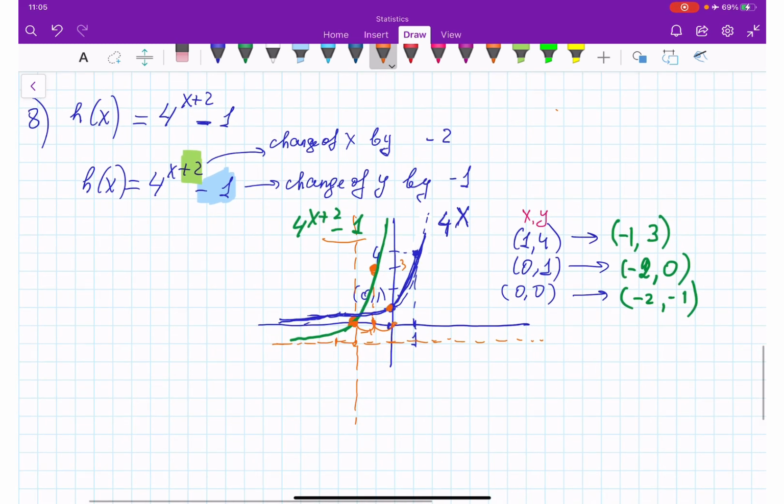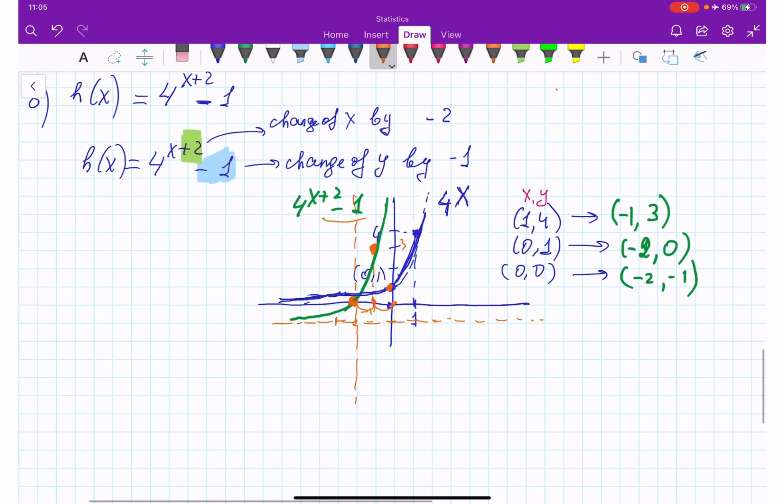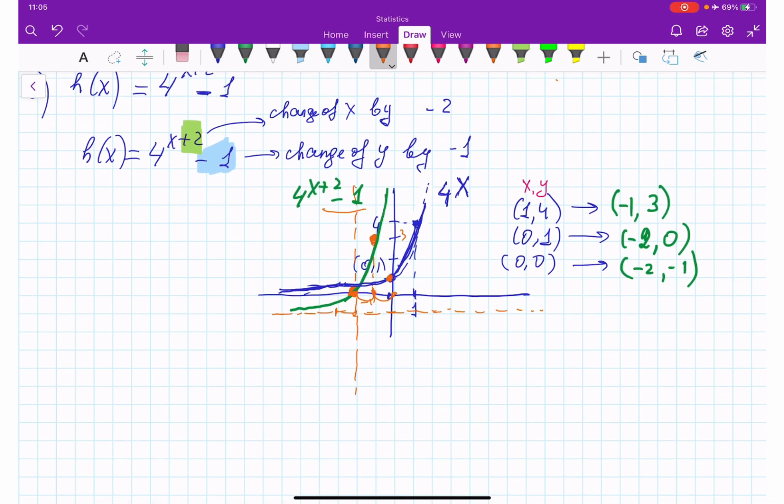Let's figure out our domain and range. So we shifted the graph 2 units to the left and 1 unit down. So what's the asymptote? Our horizontal asymptote is y equals -1. Why? Because it's shifted down by 1, right?